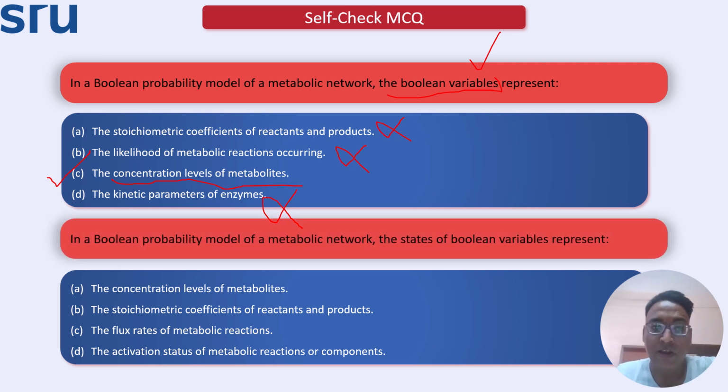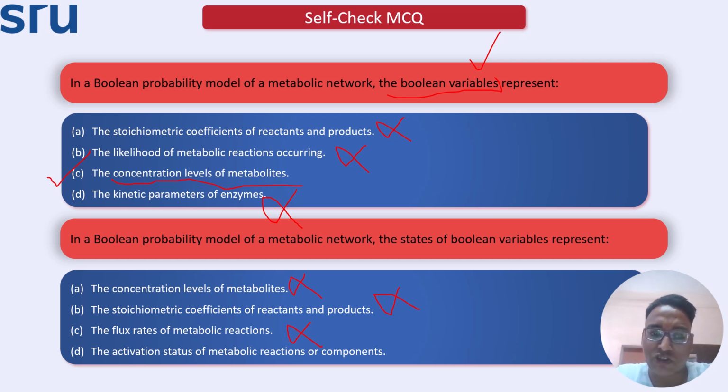Alright, now see the next question. In a Boolean probability model of a metabolic network, the states of a Boolean variable represent. Now the states mean whether it's coming up or not. The concentration is there, whether it's actually coming up to that part or not. Means, is it being activated or not? Remember 0 and 1, the binary part. So, the concentration levels of metabolites, this is not the right answer. Stoichiometric coefficients of reactants and products, again this is wrong. The flux rates of metabolic reactions is also wrong.